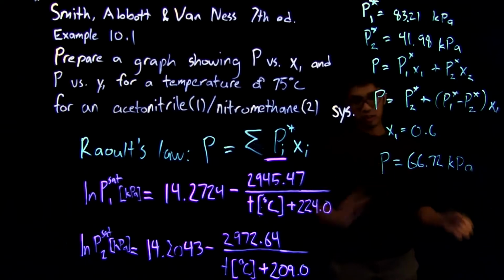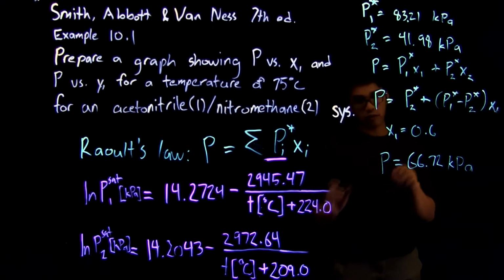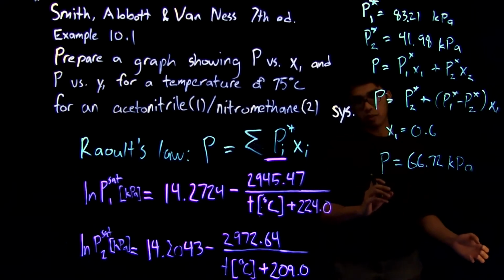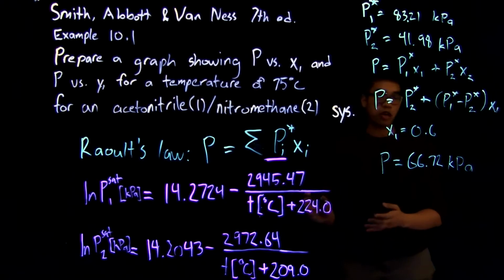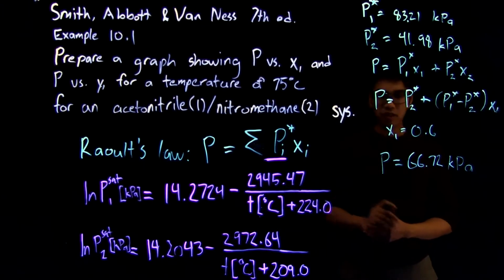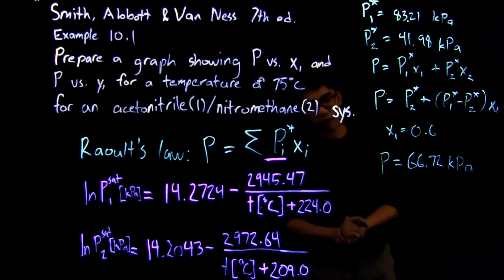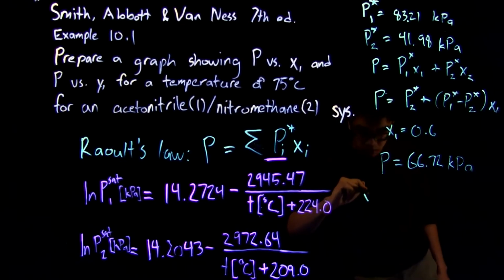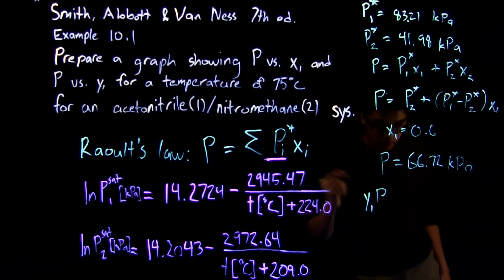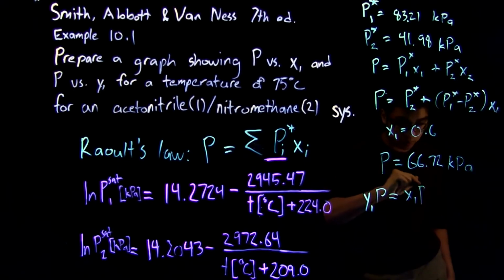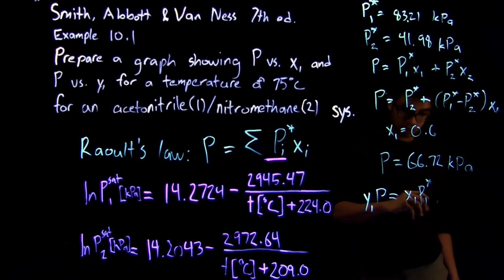So for every liquid composition, there is a corresponding equilibrium vapor composition that the system has to have. And so in this case, we can find it by applying Dalton's law. So y1 P is equal to x1 P1.